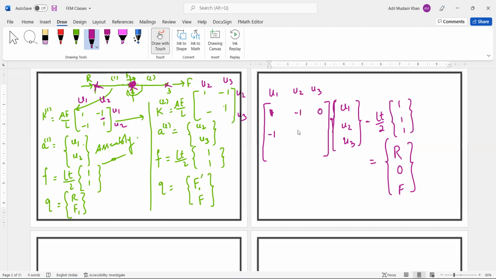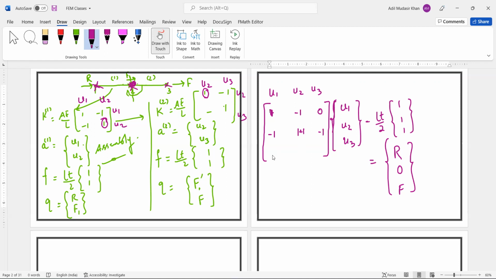Then the second element is U2 and U2. The U2, U2 is coming from two sides. U2, U2 here is 1, but you are also having U2, U2 here as 1, so we'll place 1 plus 1. Then you have U3, U2, which is -1, so we'll write a -1 here.